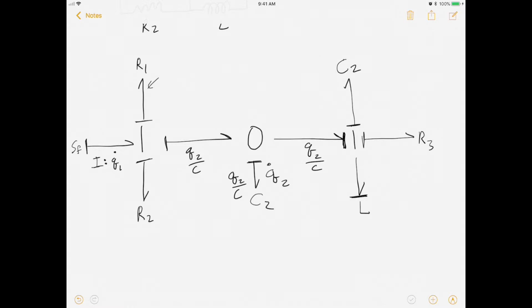Next, we really want to go through and do this other junction, the last junction right here. Remember how I said that you should put the causality on the component side for an element that's an inductor. Well, you'll see why. It actually makes our life super easy when you do this. The reason is that we can assign this value right here to be the common flow in this junction.